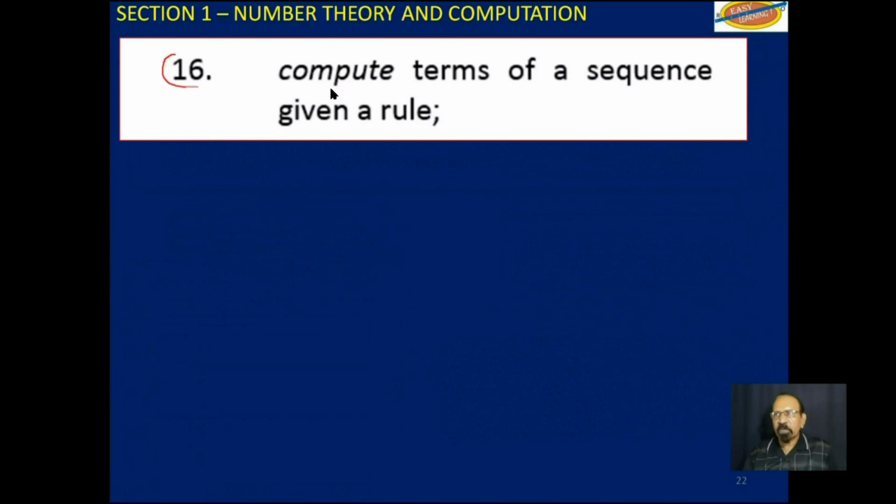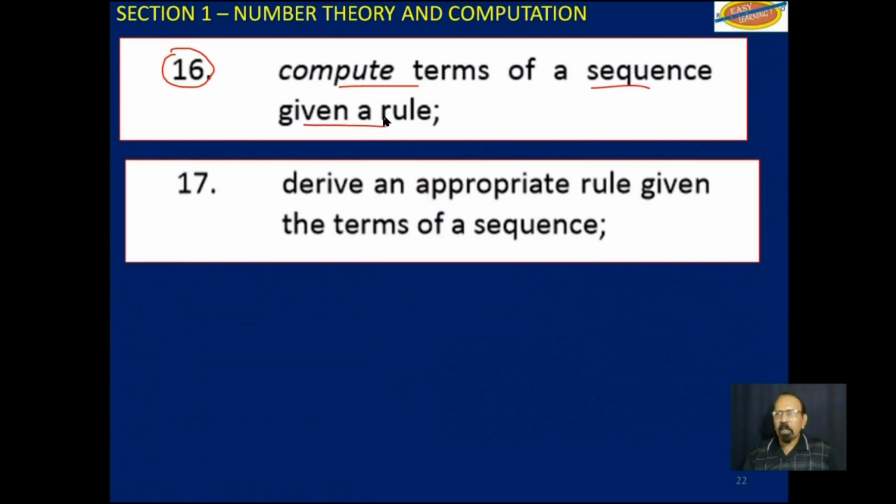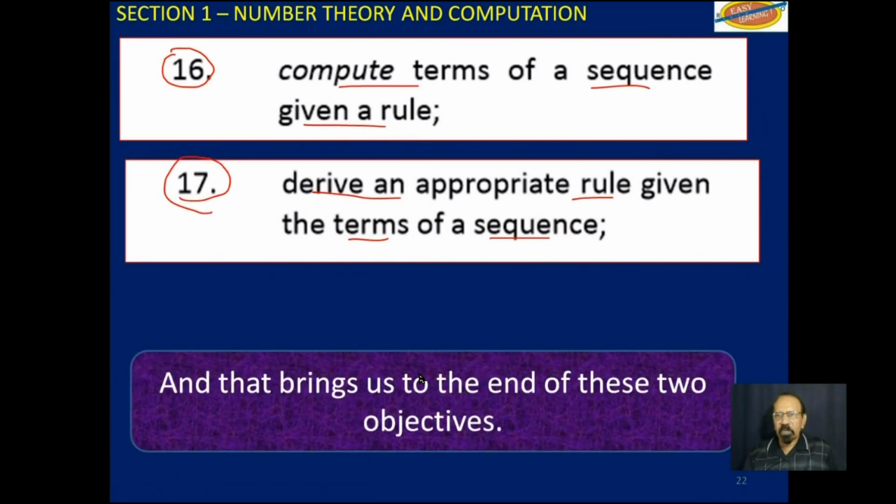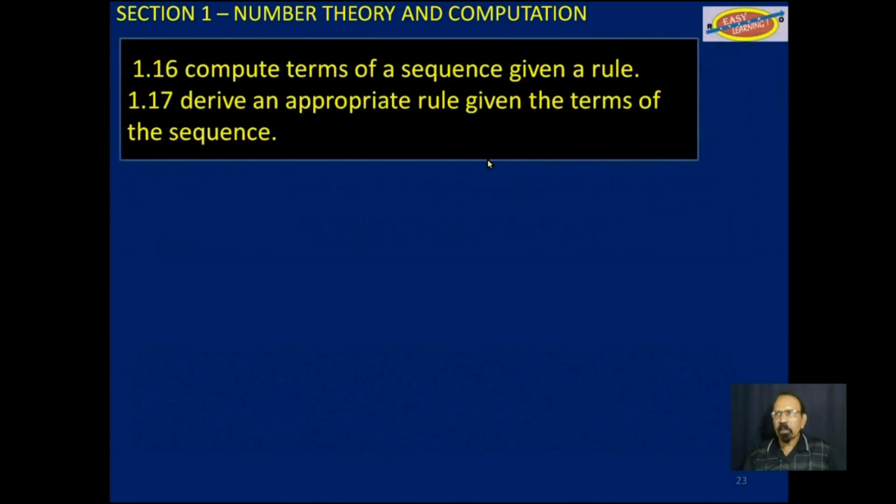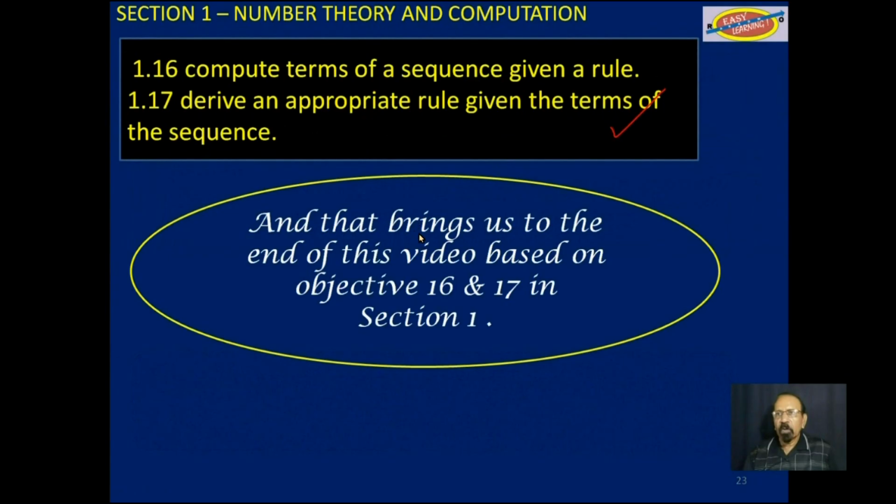So we looked at objective 16, compute terms of a sequence given a rule, and then we looked at objective 17, derive an appropriate rule given the terms of a sequence. And that brings us to the end of these two objectives, objectives 16 and 17 in section 1.